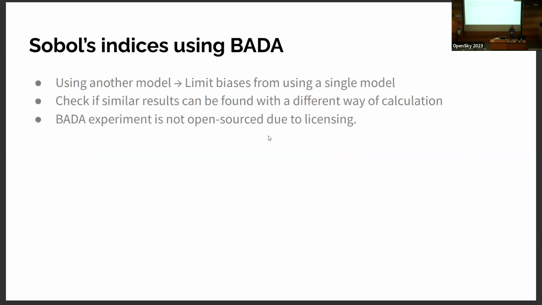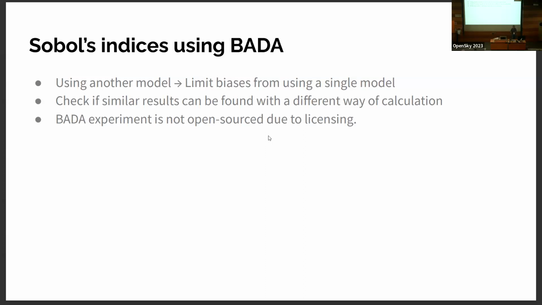The OpenAP and BADA models that we used calculate the fuel flow a little bit differently. They don't have the same equations. So it is also interesting to see if, using different ways of calculating the fuel flow, we managed to get more or less the same sensitivity.